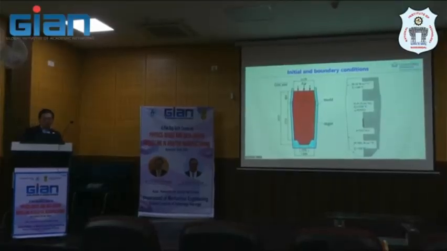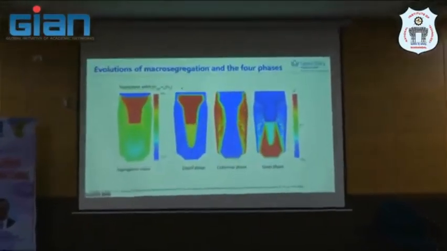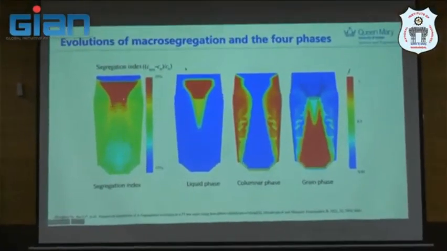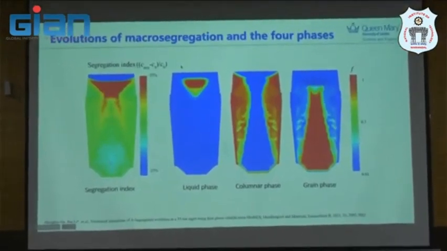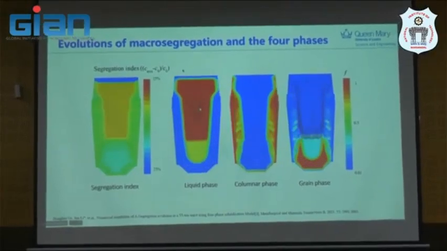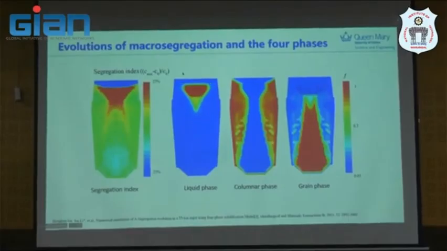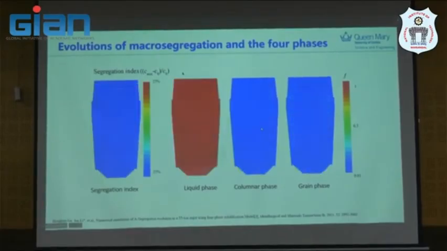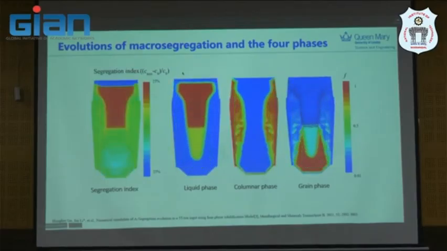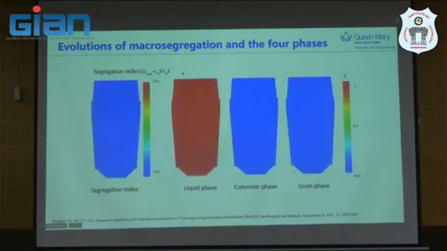Okay, and here is our simulation result. This figure shows the evolution of the microstructure, this one is the liquid phase fraction during solidification, and this one is the solid phase distribution during the solidification, and this one is the equiaxed grain. So this is not cellular automata.